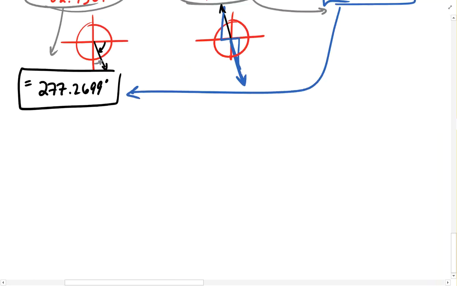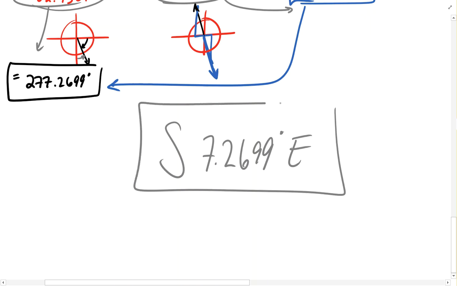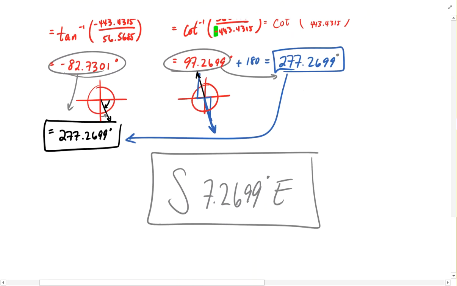And so if we were going to report this on Math Excel and they are indicating for a bearing notation, we might report south 7.2699 degrees east. So lots of different ways to report these angles.